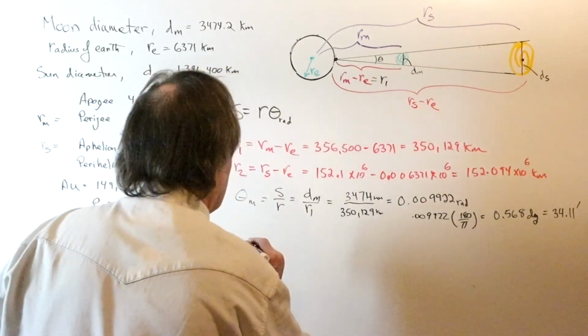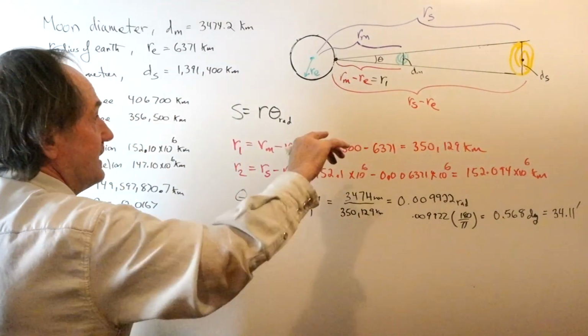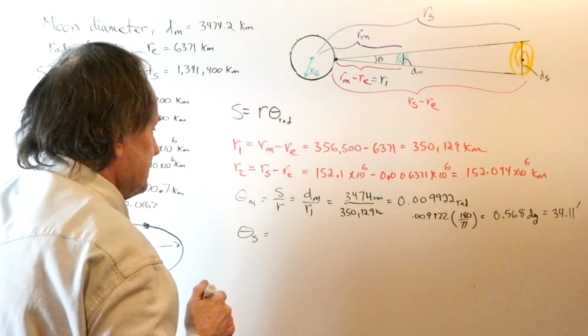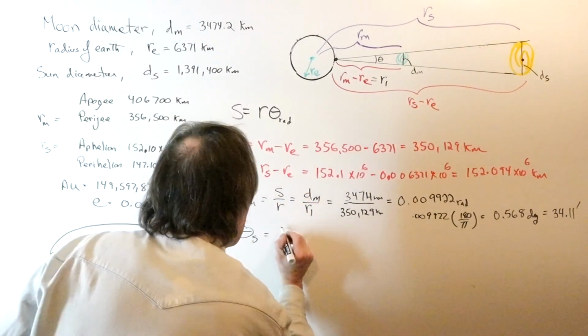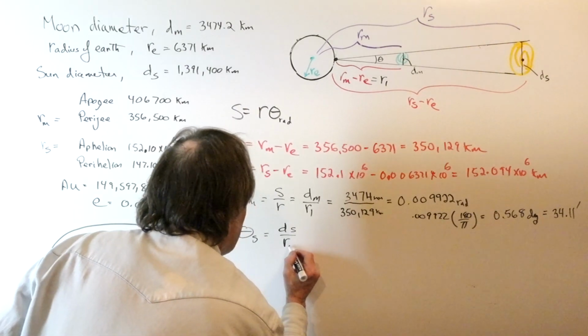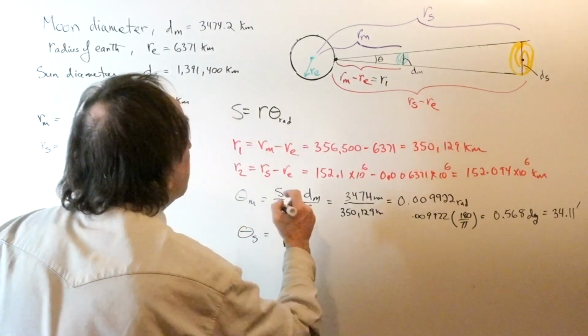Now, let's look at the angular measure of what we see the Sun's disk to be. Again, it's the diameter. In this case, we use the diameter of the Sun divided by the distance from the surface of the Earth to the Sun.